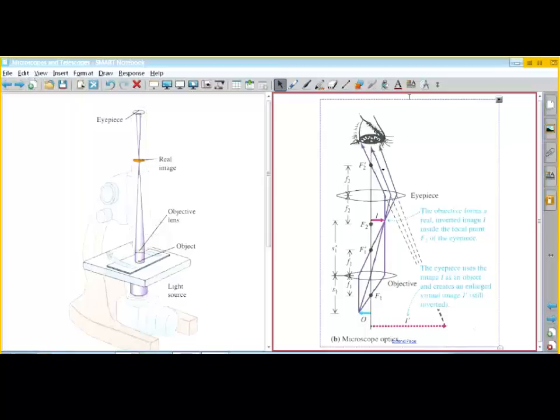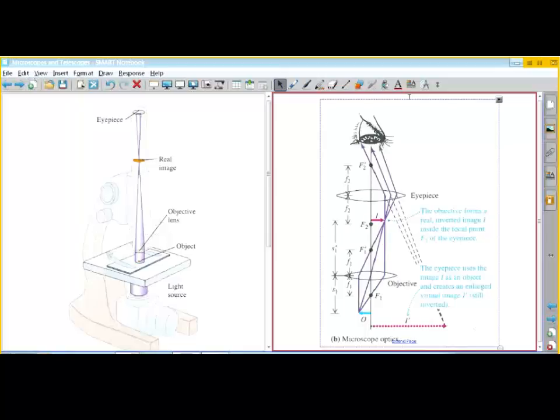If you project these back to the point of intersection of these diverging lines, they'll converge the other direction. They'll create this point. So the image that we're viewing with our eye is a virtual image, and it is larger than the original image. It's also larger than the image that is located right here.